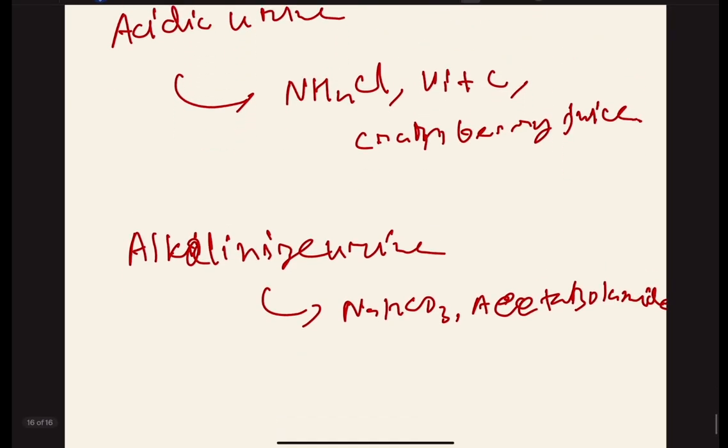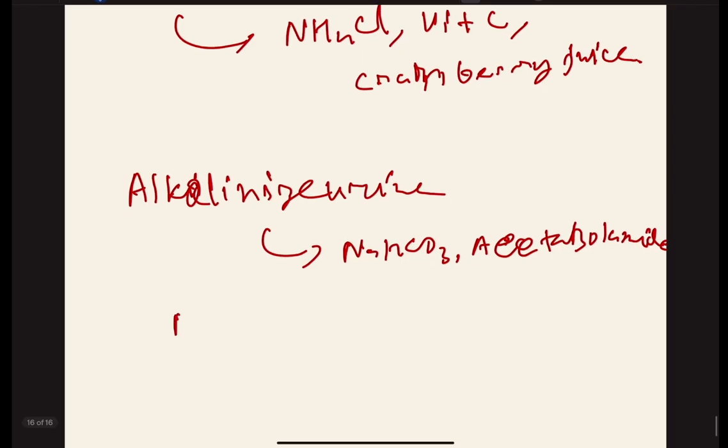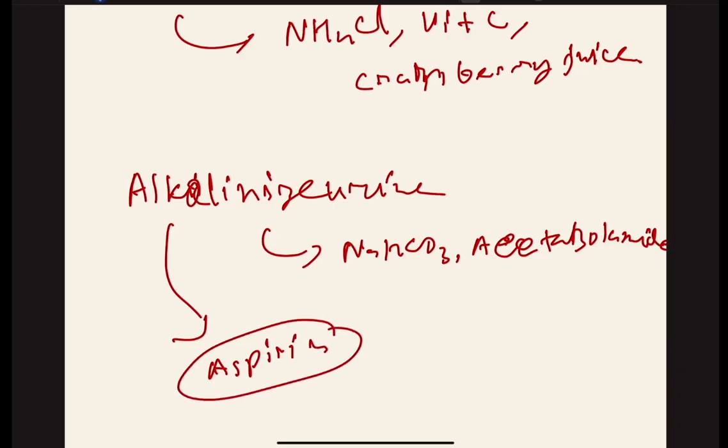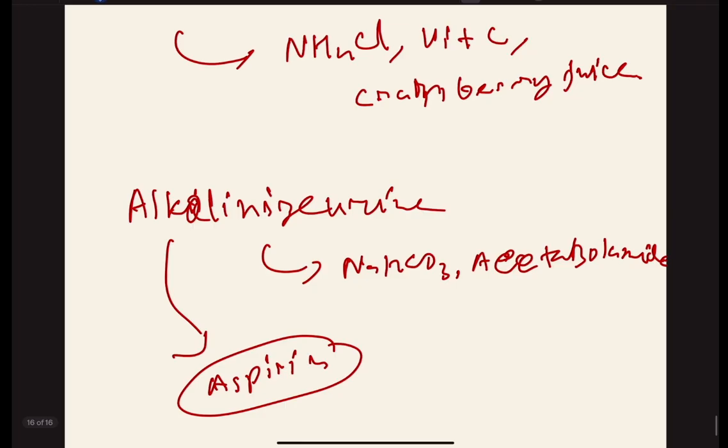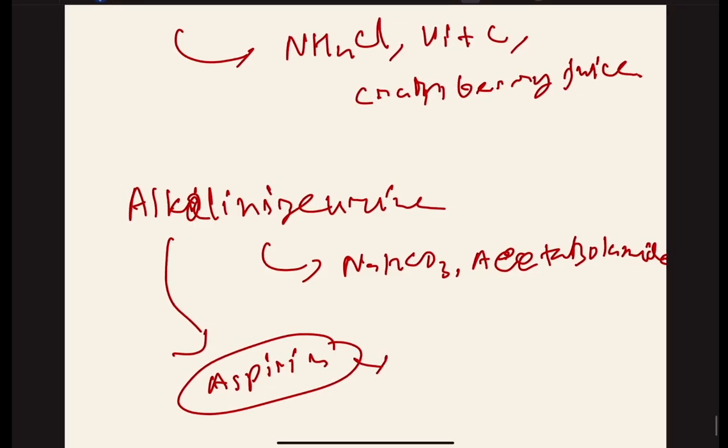So if a person comes with amphetamine poisoning, sorry, aspirin poisoning, in case of aspirin poisoning you can make the urine more alkaline, so that this aspirin, which is a weak acid, can easily be excreted through the urine.